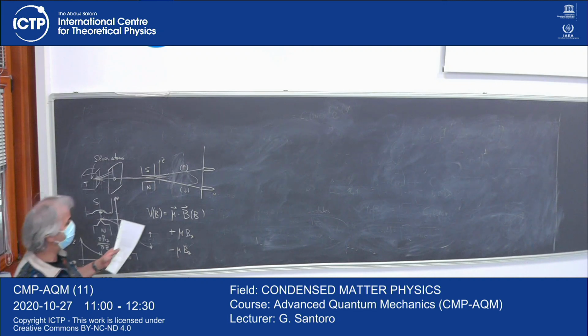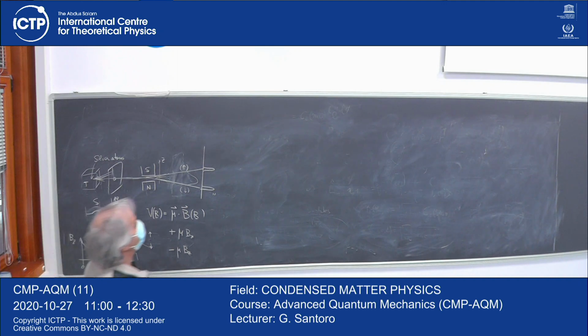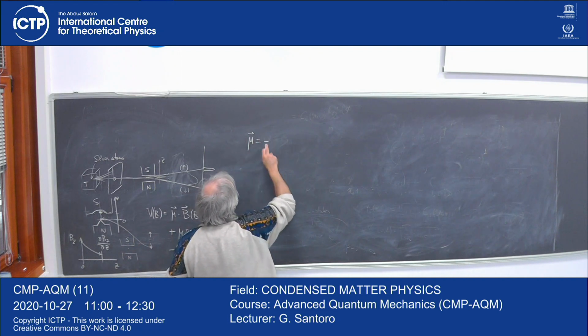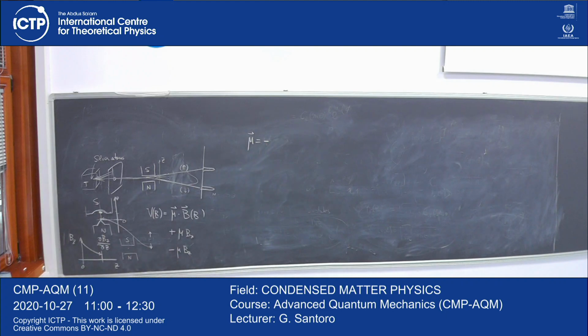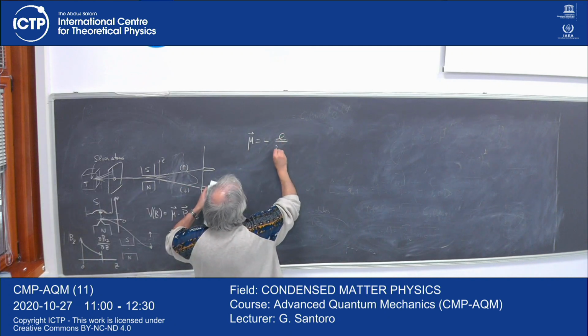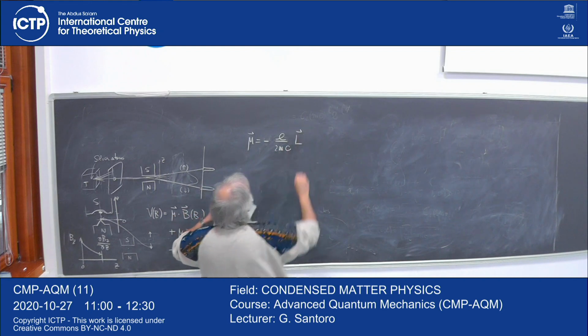A very strange result. Indeed, if you think classically, you know that these are electrons orbiting in some sense, on the silver. For an orbiting particle, the magnetic moment, for an electron, is minus the charge divided by twice the mass times the velocity of light, times the angular momentum.